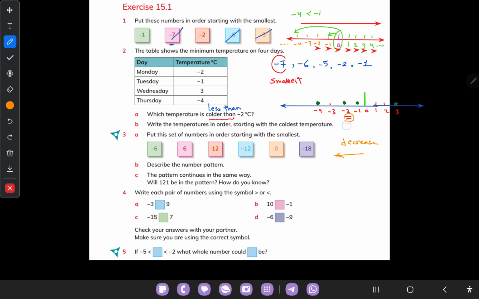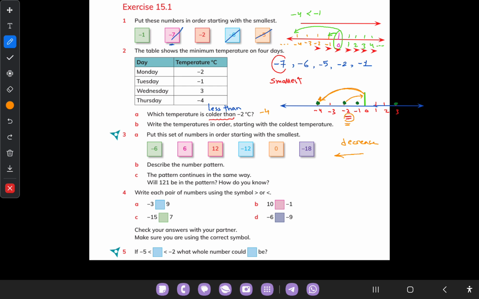So which number is it? -4, yes, very good. So -4, because -4 is far away from 0, farther than -2. Look at this, -2 is closer to 0, but -4 is farther than -2 from 0. So -2 is greater than -4 because it's close to 0.